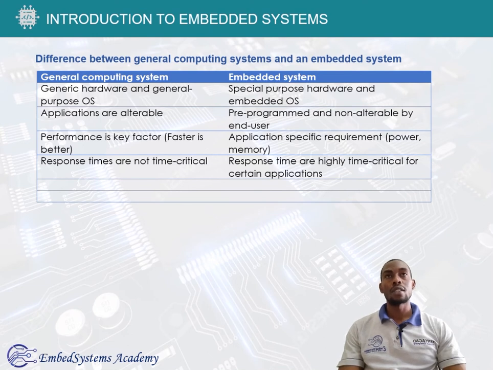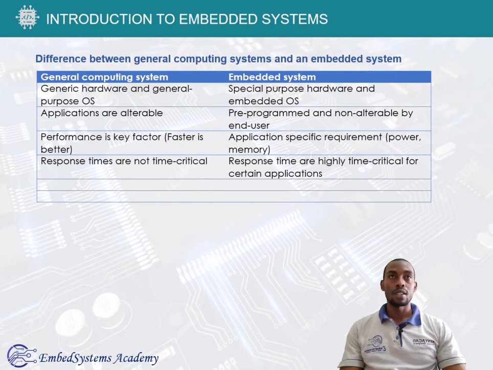In general computing systems, the applications are alterable, they can be modified on the system, while in an embedded system, the system comes pre-programmed and is not alterable by the end user. Of course, lately we have ways of altering it, but essentially an embedded system is pre-programmed.